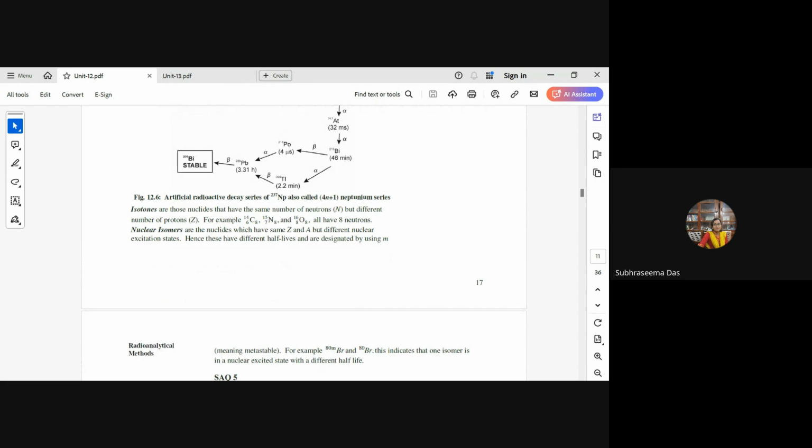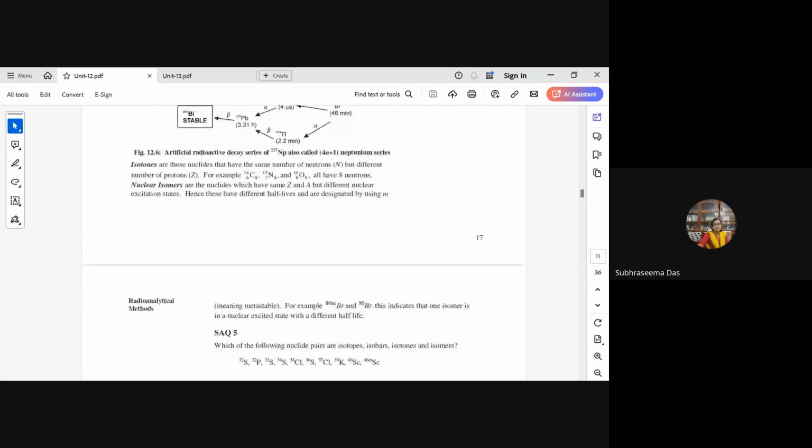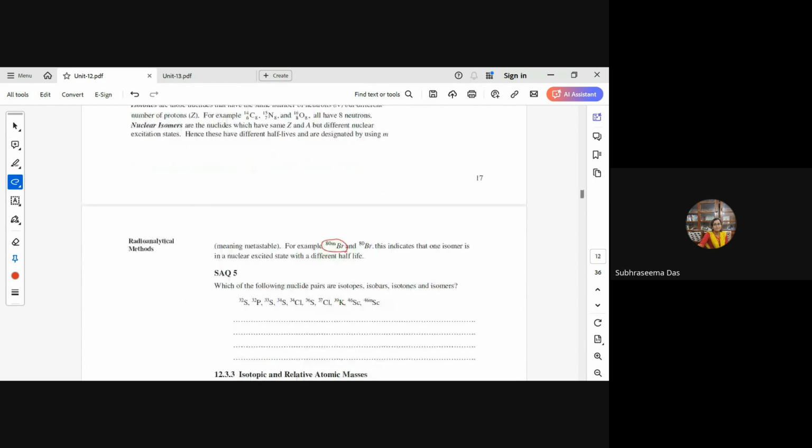For example, bromine 80 and bromine 80m are nuclear isomers of each other, which means that bromine 80m indicates that it is in a metastable state. So this is a nuclear isomer, which has a different half life than the parent nucleus.